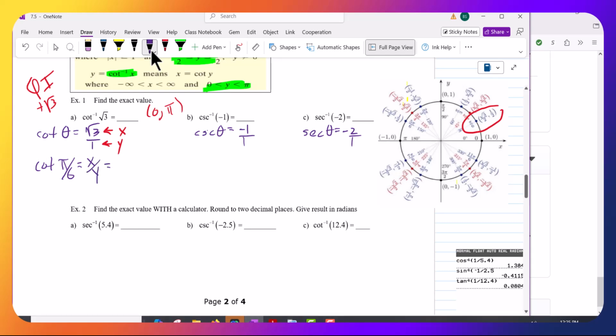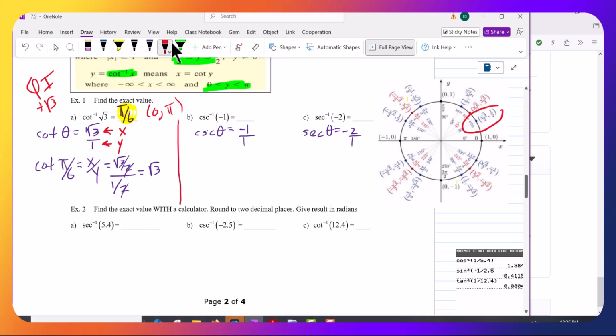If you take that x value, square root of 3 over 2, and divide by the y value, the 2's cancel out, leaving you square root of 3. So the answer to this problem in radians is pi over 6. I'll show you how you can check these on a calculator in a few minutes too. So that's how I reason that out.